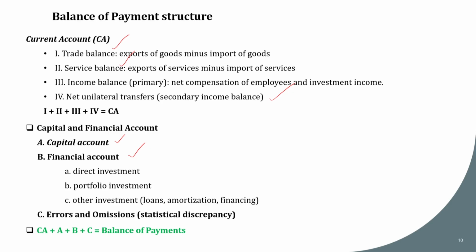In total, the balance of payments is structured as the current account plus the capital account, A plus B plus C, and together these should sum to 0.